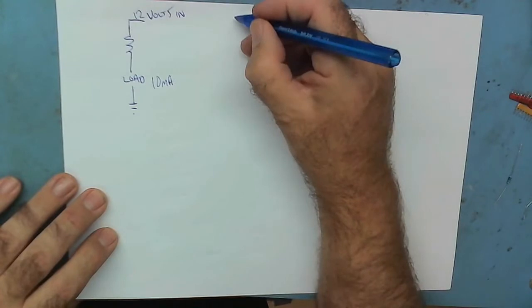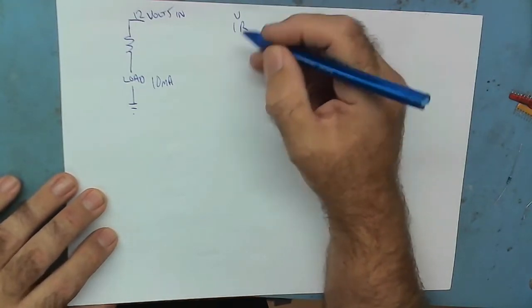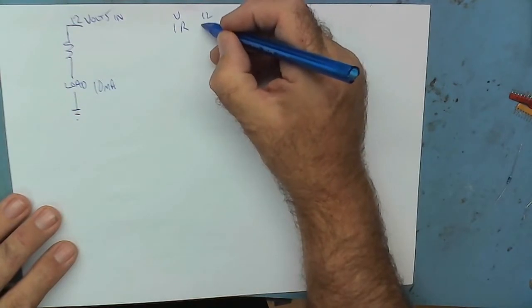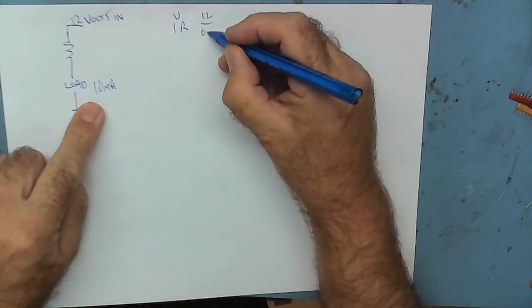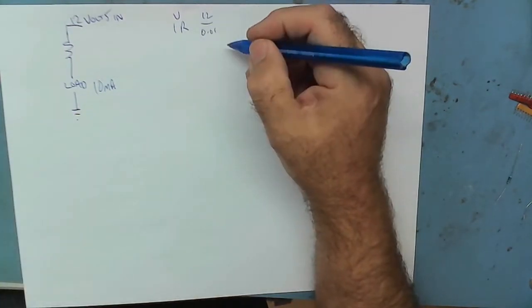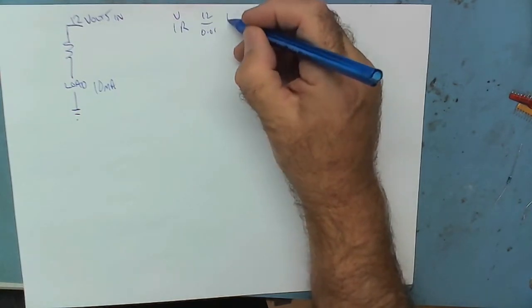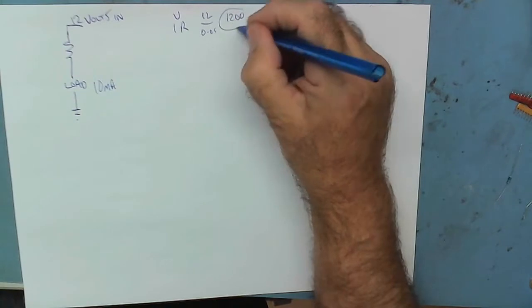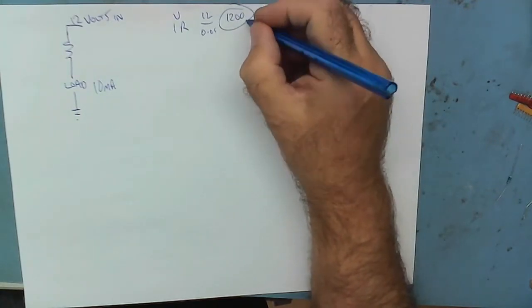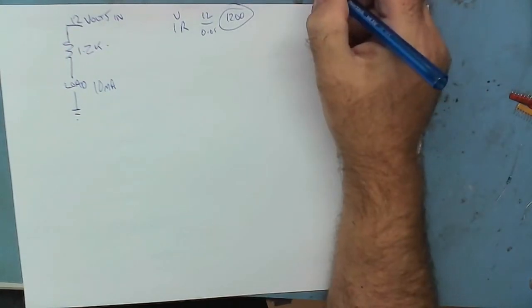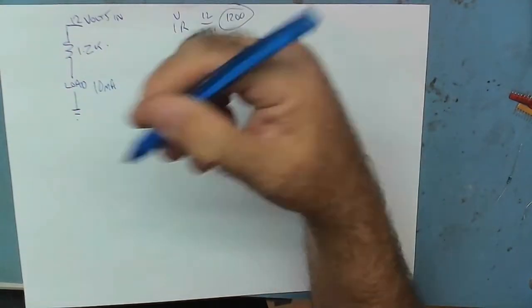So it's V = IR. We want the value of the resistor, so it's 12 over 10 milliamps, which is 0.01 amps, and that goes into 12 1200 times. That's doing the maths in my head, I hope I'm right. So a 1.2 kilo ohm resistor there will give you the required current.